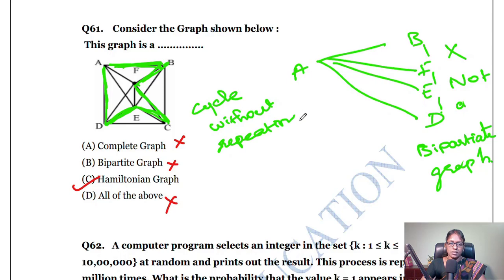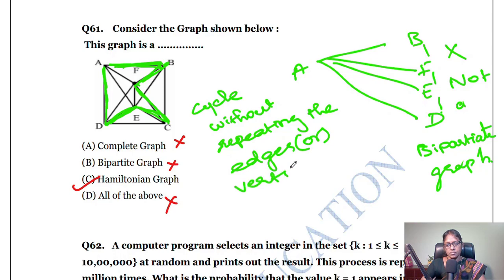Cycle without repeating the edges or vertices, then it is called a Hamiltonian graph.